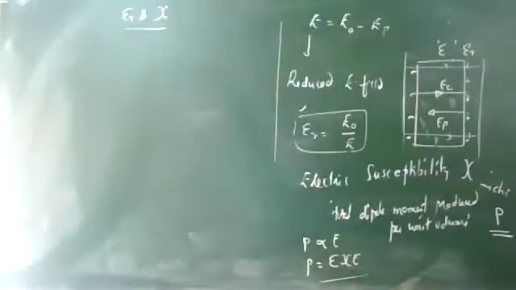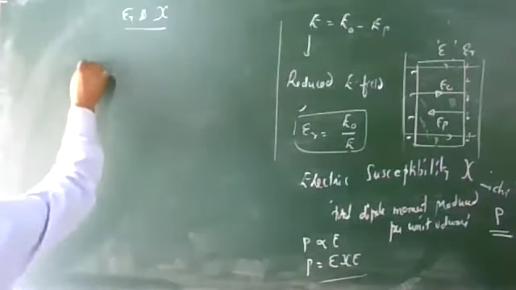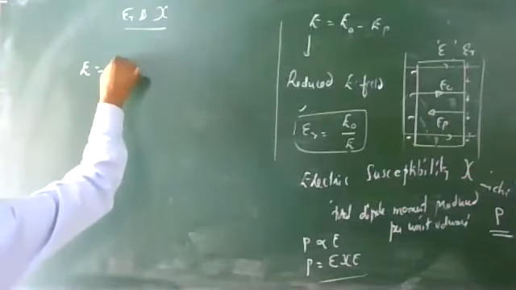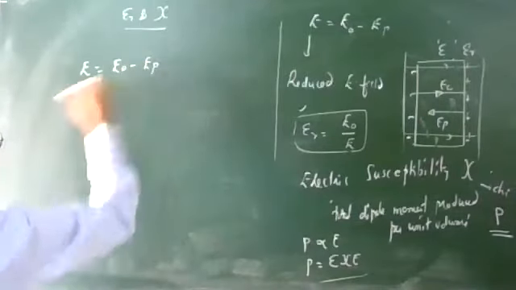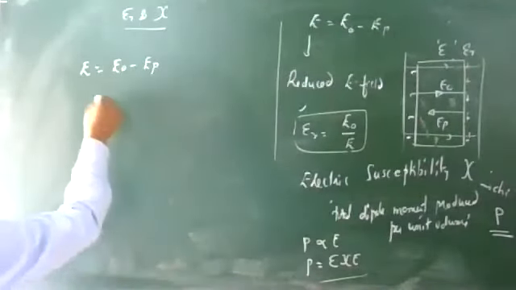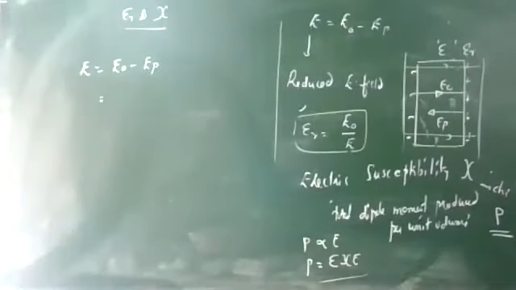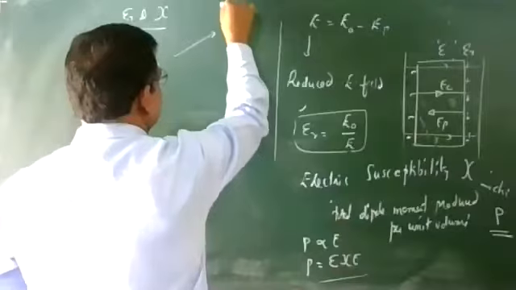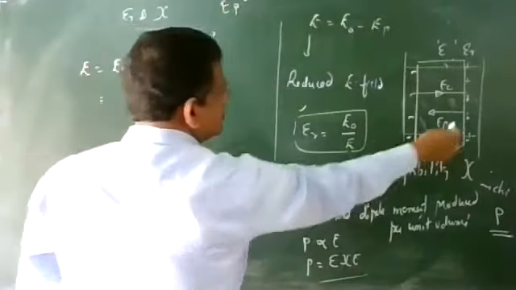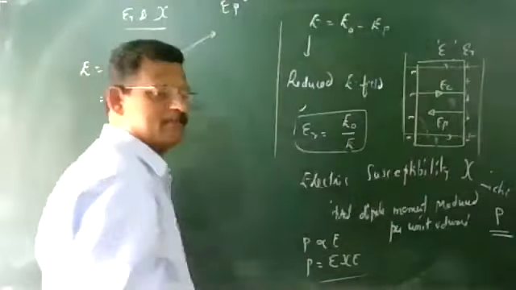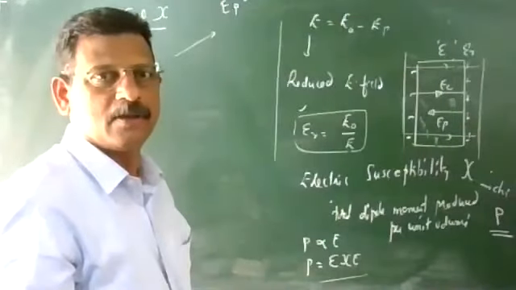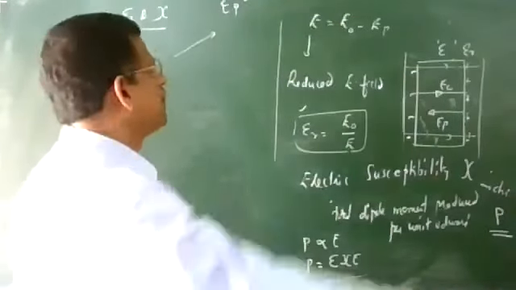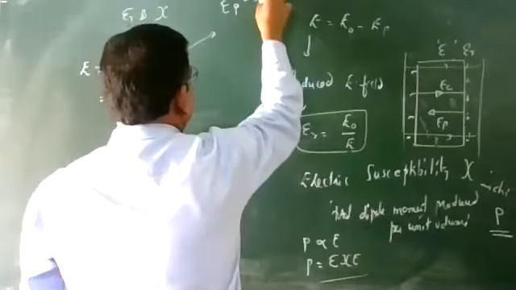For that, we start from the net field E naught minus EP. How do we get the polarized electric field? The polarized electric field is calculated from the surface charge density, given by the equation P divided by epsilon.